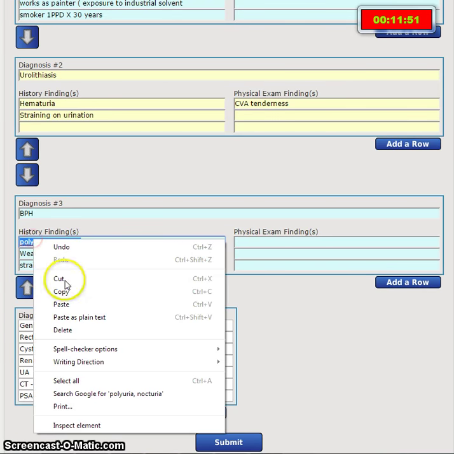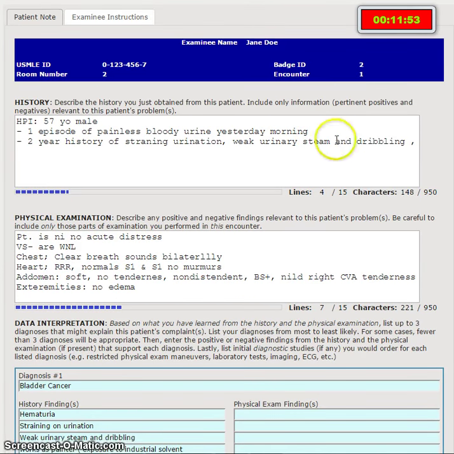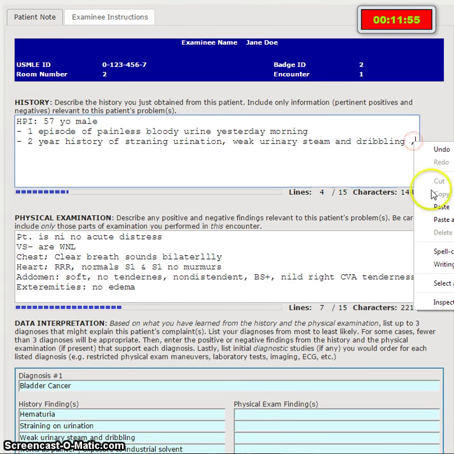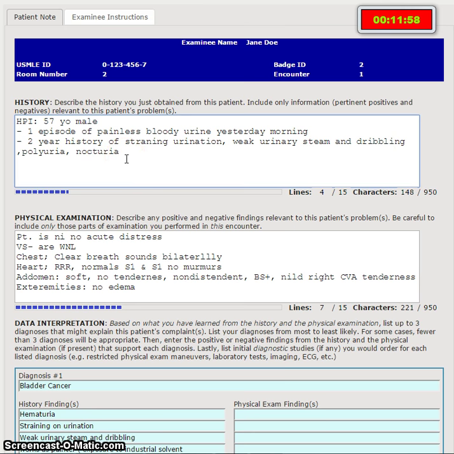Polyuria. Copy. Paste polyuria. No. That we are excluding urolithiasis.